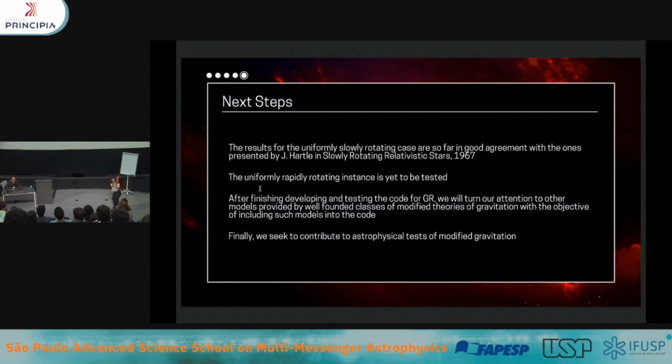And then we are going to introduce the modified theories of gravitation in our code, and then get some properties of stars, some results that will contribute to astrophysical tests of GR and modified theories of gravitation, using gravitational waves and so on. Yes, that's it.